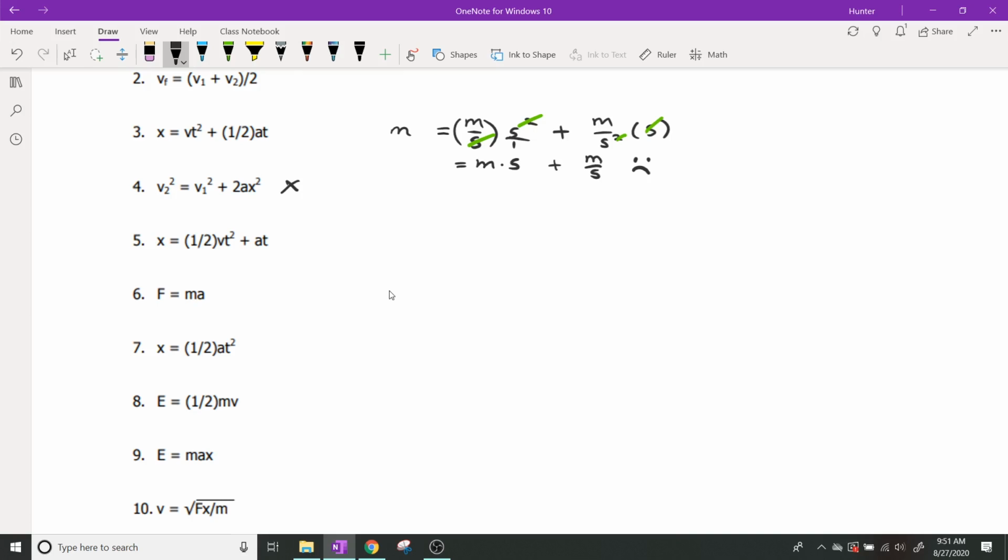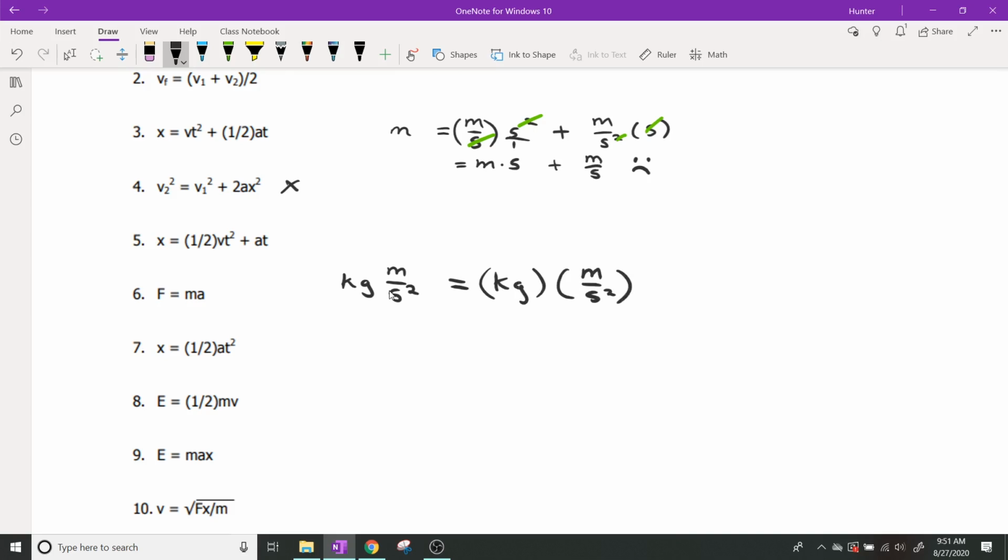Okay, this one is F equals ma. This is Newton's second law. That totally works. Force is measured in kilogram meters per second squared. And when you take your mass in kilograms, and your acceleration in meters per second squared, that actually works out on both sides.